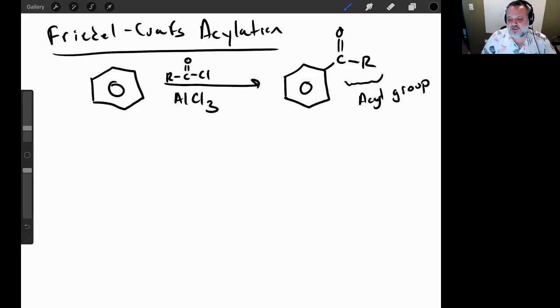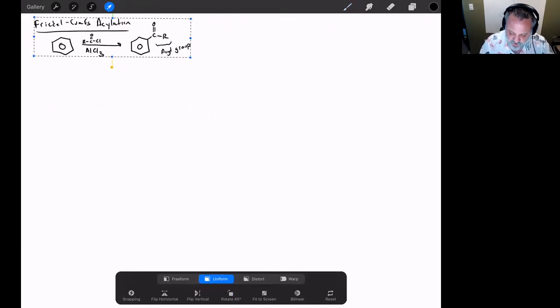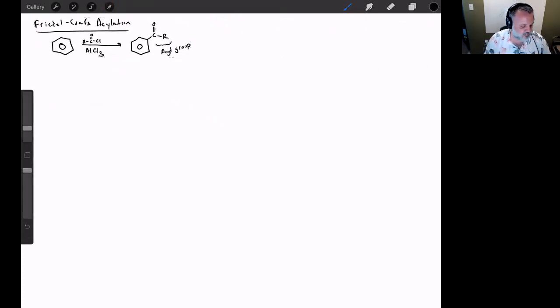Okay, so again, it's the same mechanism as before. We're just going to have to learn a slightly different way to form an electrophile. It starts off with an acyl chloride, and it starts off with AlCl3.